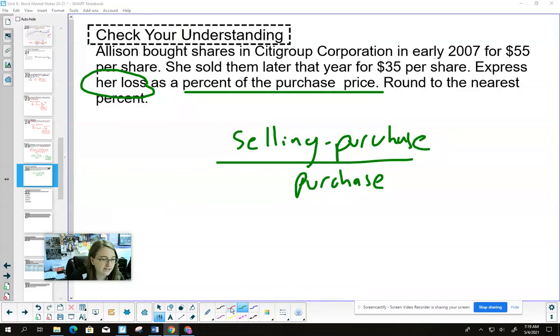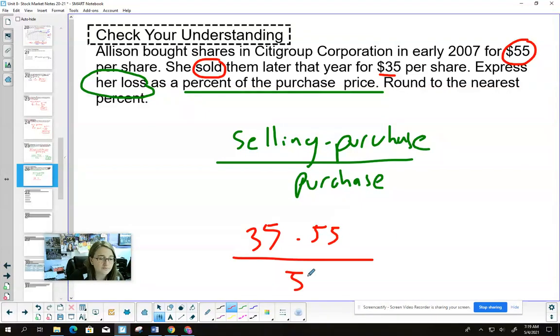So selling, sold, 35, minus purchase is 55, over purchase is 55. This is why it comes out to be negative, because we don't get to flip-flop these. Whatever the selling price is, it goes there, even if it's less than the purchase price. And we know it's going to be less than the purchase price because this is a loss.